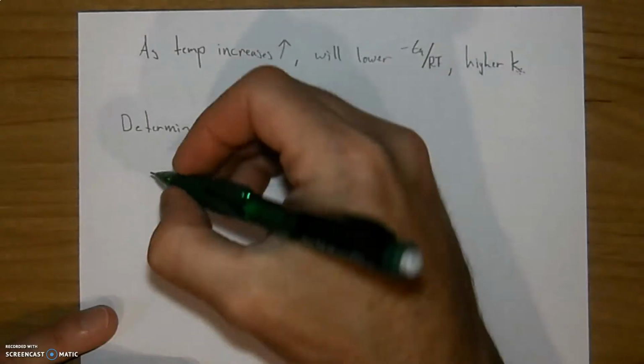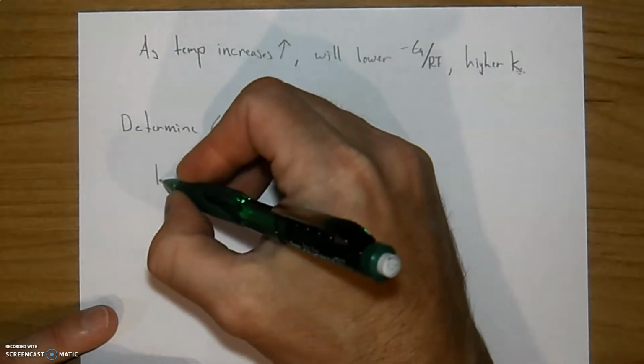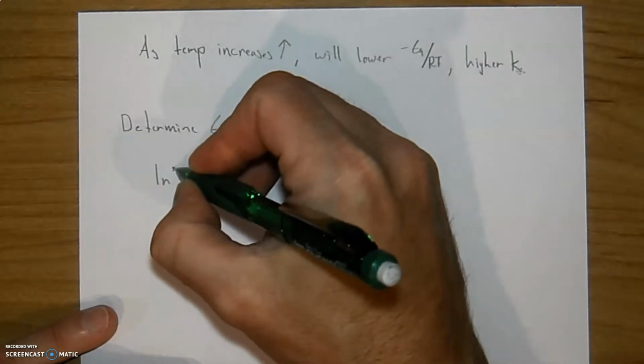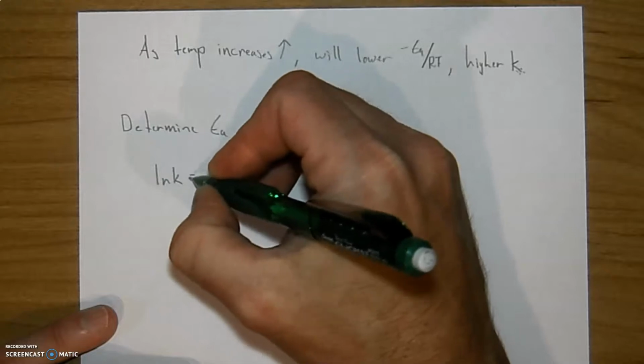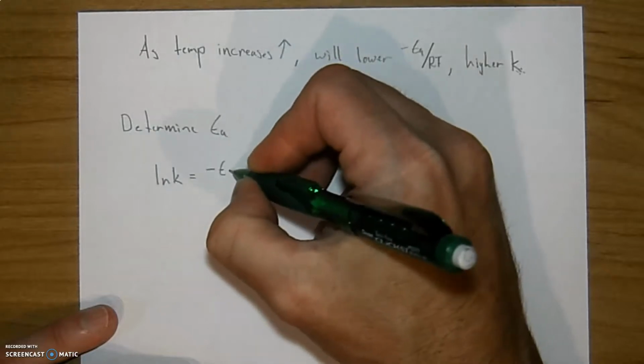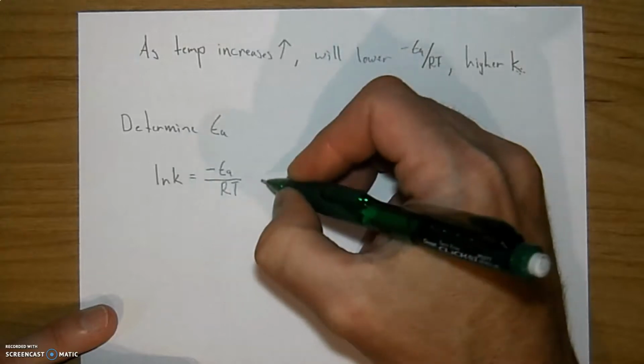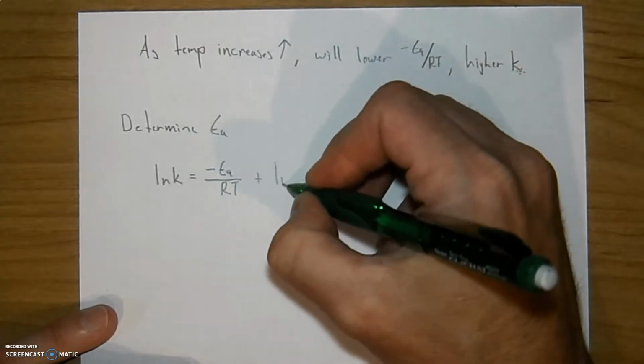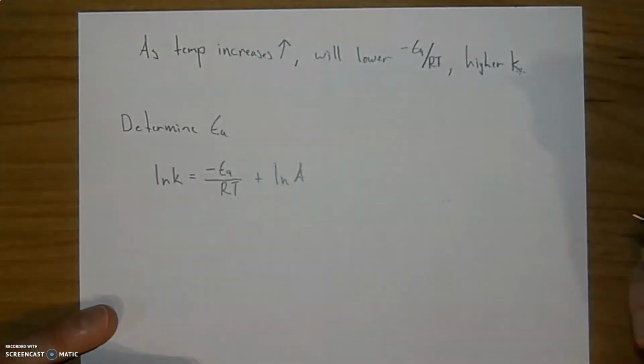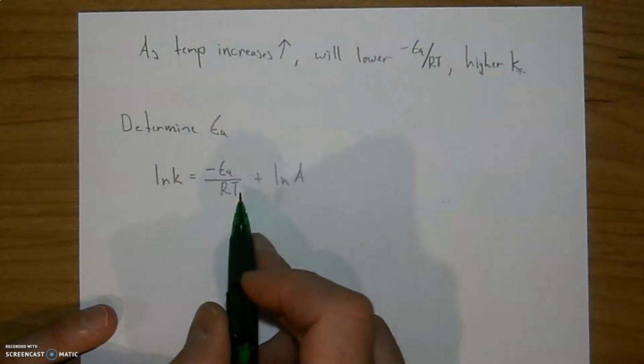So I'm going to show you, for example, if we were to take the natural log of the Arrhenius equation, it would look like this. I'll set it up like this so we can see it maybe a little bit better. This is an integrated version of the Arrhenius equation. So fantastic. We've got all our components within here.